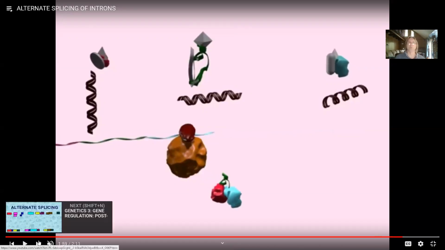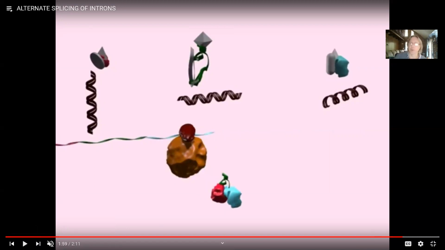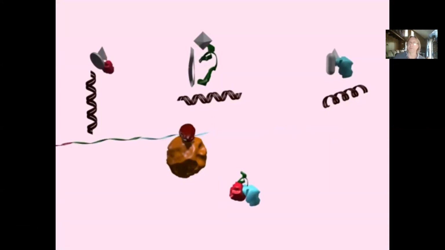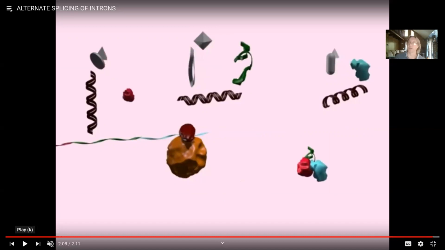And so we can have this alternate splicing, so that one gene can actually produce different amino acid sequences based on which of the sections are spliced together. That allows different cells in the body to specialize a protein for their functions.